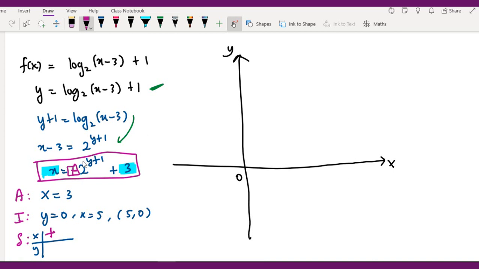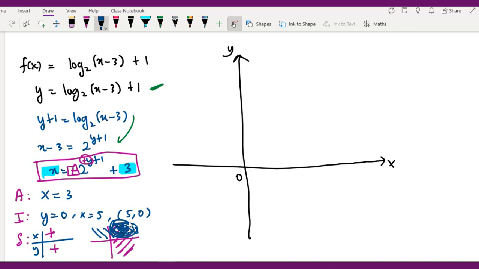Then for y, we check beside y, and you also get plus. So for x plus, the region is the first and fourth quadrants. For y plus, it is the second and first quadrants. So the starting point is in the first quadrant.